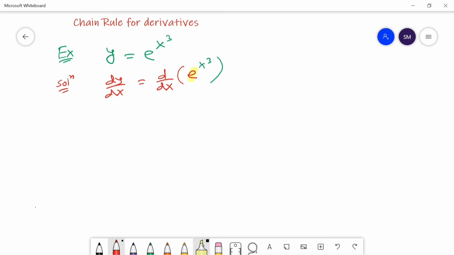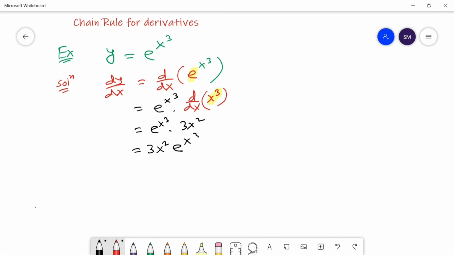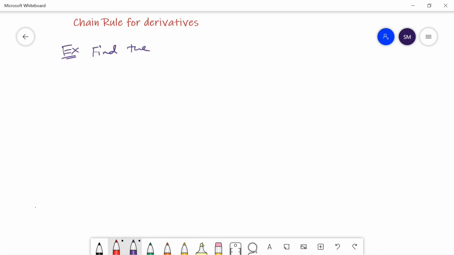So by the chain rule we have e to the power x to the power 3 as it is, and then multiply by the derivative of x to the power 3. Now the derivative of x to the power 3 is well known, which is 3x squared. Just rearrange the terms and you will have the final answer.